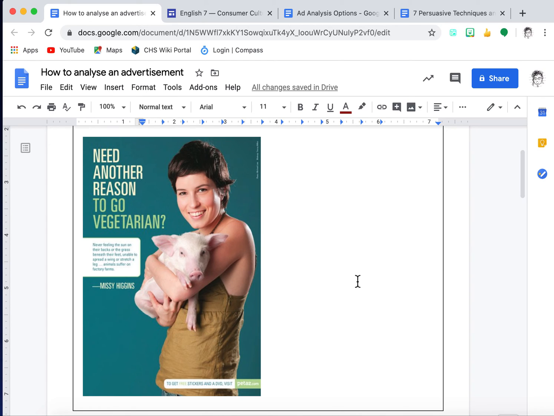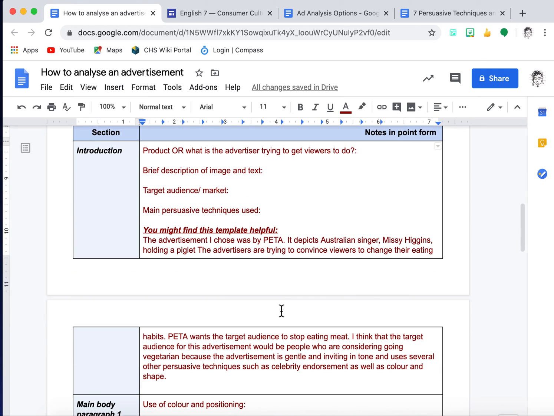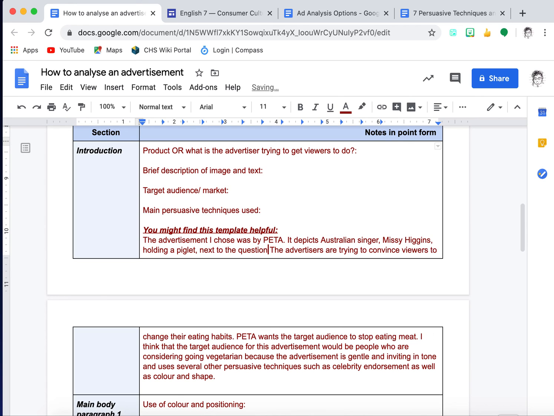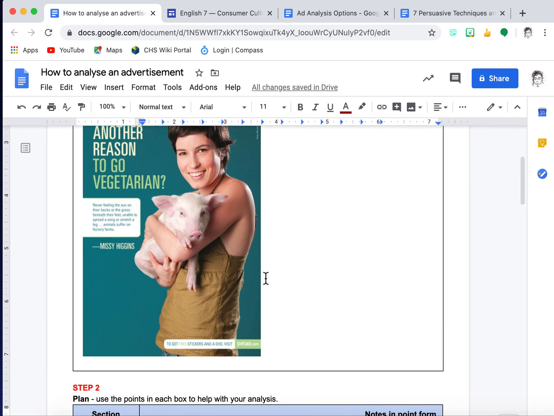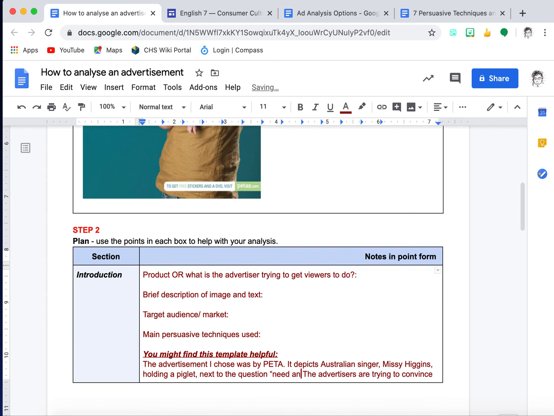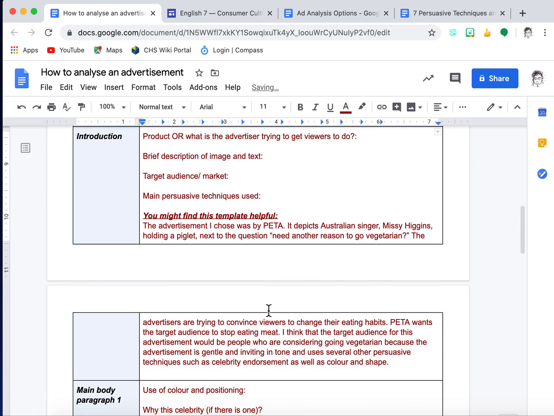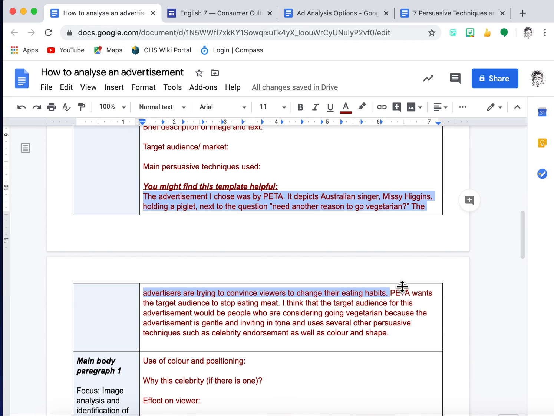Next to the text that says need another reason to go vegetarian, and we'll talk about rhetorical questions later. It depicts Australian singer Missy Higgins holding a piglet next to the question, need another reason to go vegetarian. Okay. Whew. And now that is a very robust looking introduction. Excellent stuff.